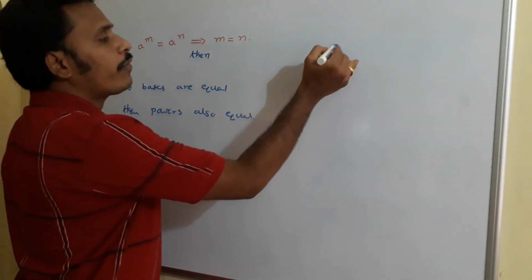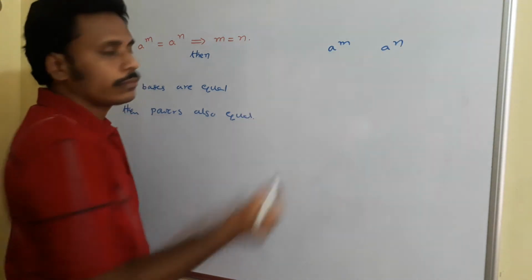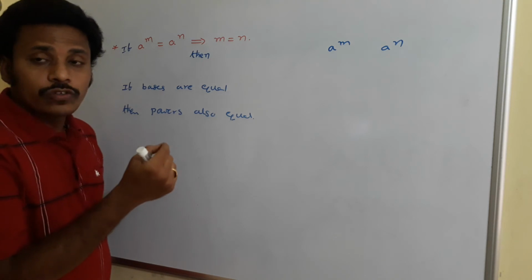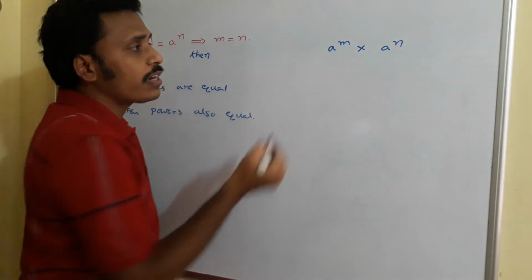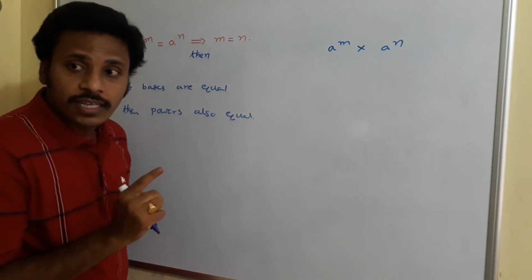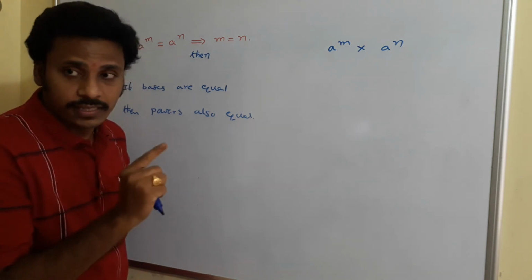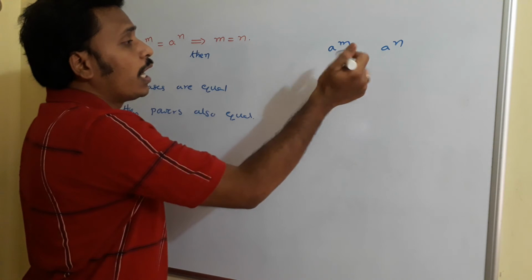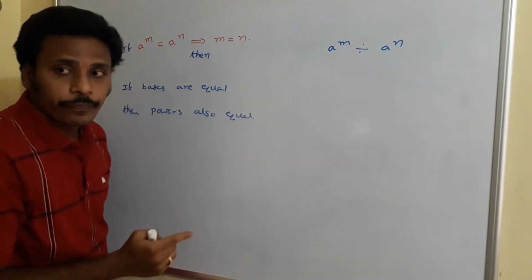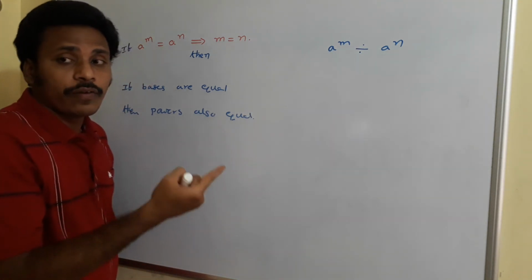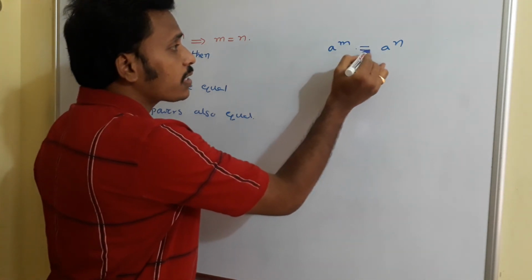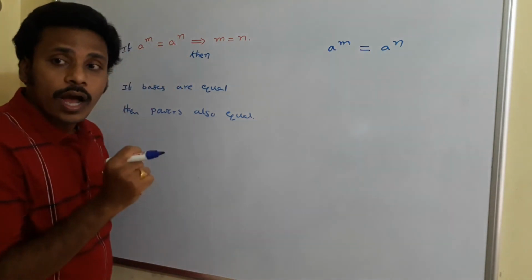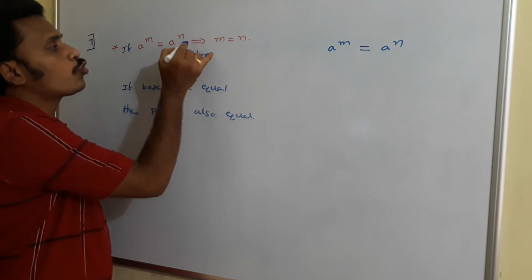I have A power m and A power n. Which sign are we using in between them? If we are using multiplication in between them, your answer is A power m plus n. If we are using the division symbol in between them, your answer is A power m minus n. If you are using the equality sign in between them, then your answer is m is equal to n.